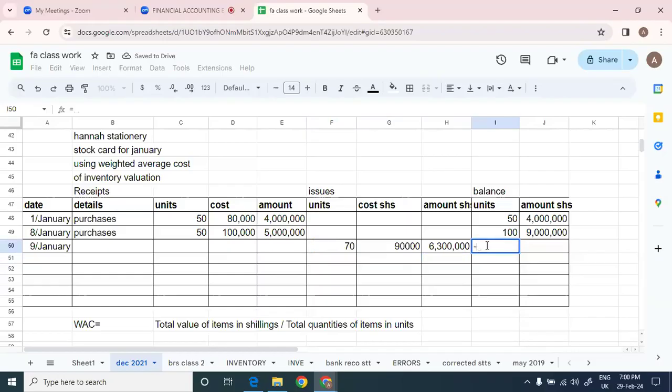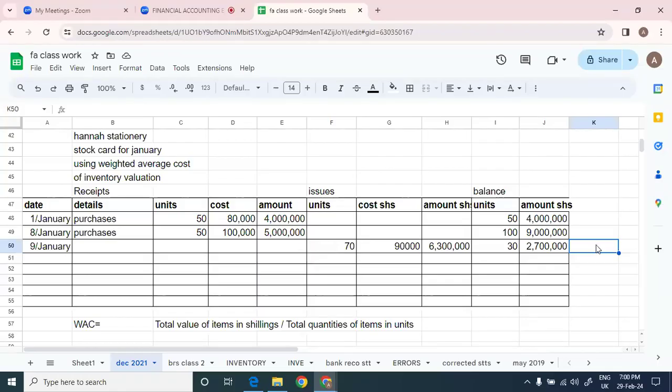Therefore, under my balance, I will get my 100 minus 70, I get 30. Under my amounts in shillings, I will get 9 minus 6.3, I get 2.7. Are we together? Yes.